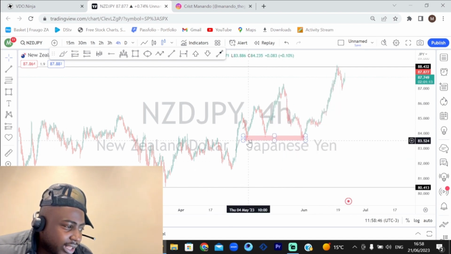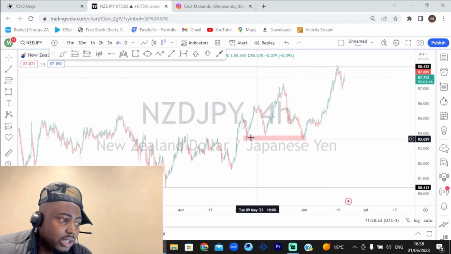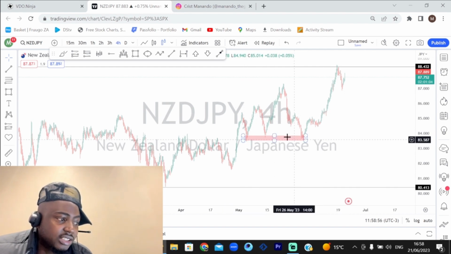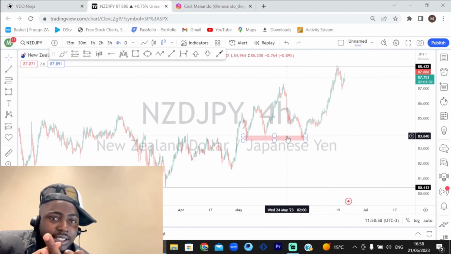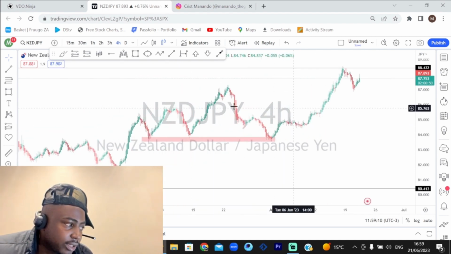We had these three touches on our support of the correction. This whole thing is a correction, right? Remember, first touch, second touch, and the third touch, that's where we have our highest probability. So we focus more on the third touch. So cool, let's look at the third touch.